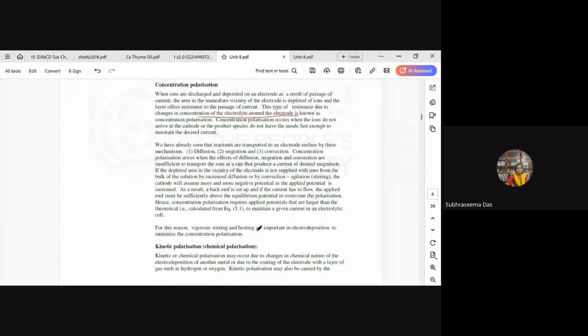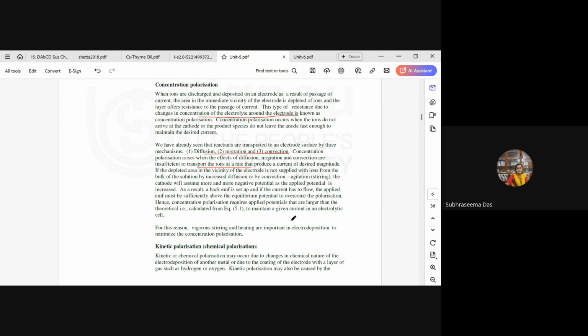Now we also know that the reactants are transported to the electrode surface by three mechanisms, that is diffusion, migration and convection. So here the concentration polarization arises when the effects of diffusion, migration and convection are insufficient to transport the ions so that the magnitude of the current can be maintained.